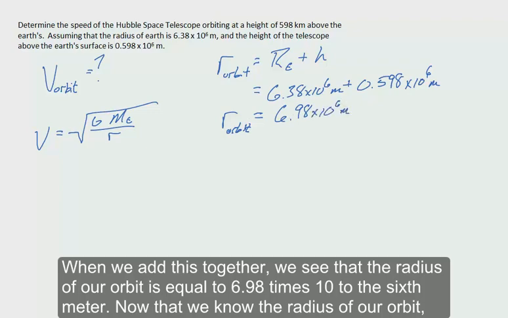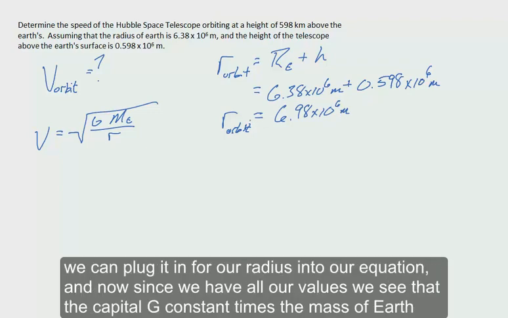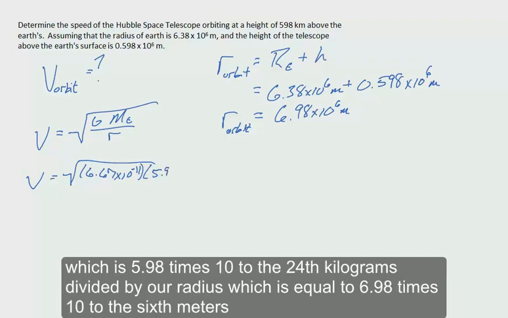Now that we know the radius of our orbit, we can plug it into our equation. And now, since we have all our values, you see that the capital G constant times the mass of Earth, which is 5.98 times 10 to the 24th kilograms, divided by our radius, which is equal to 6.98 times 10 to the 6 meters.